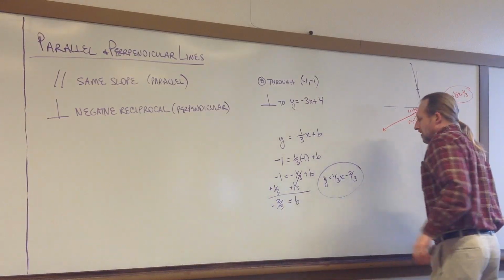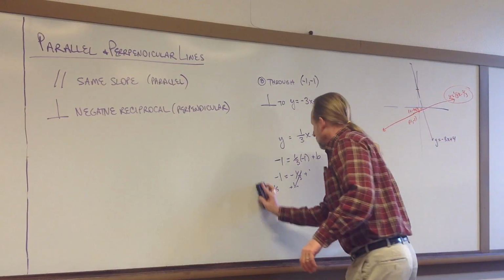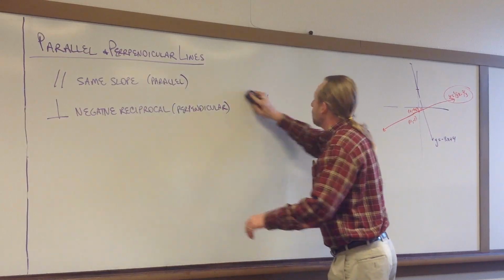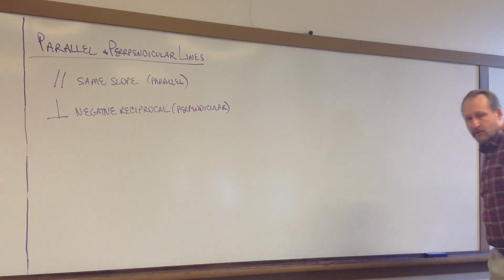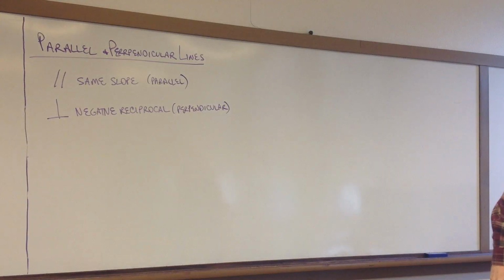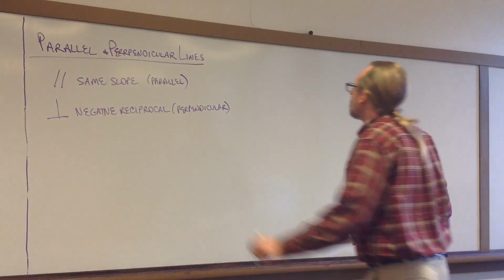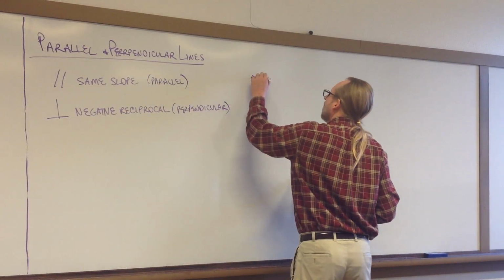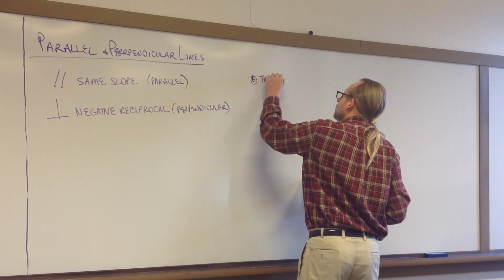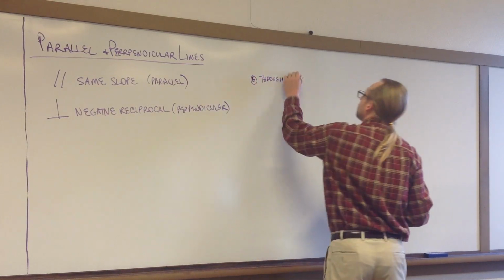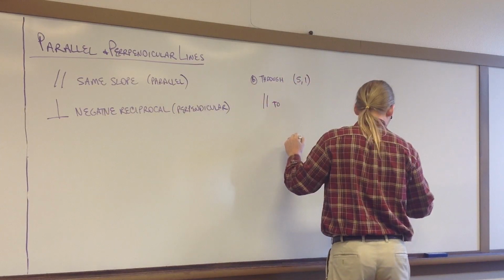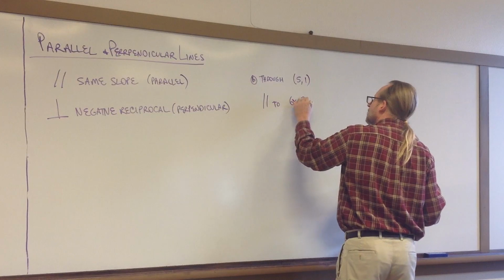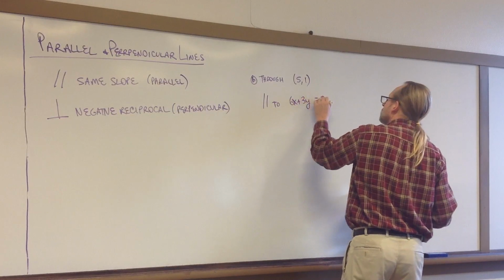Problem 10. It's a little bit different because the equation is not in slope-intercept form. So let's take a look at that one. So problem 10 is passing through... 6x plus 3y equals 8.